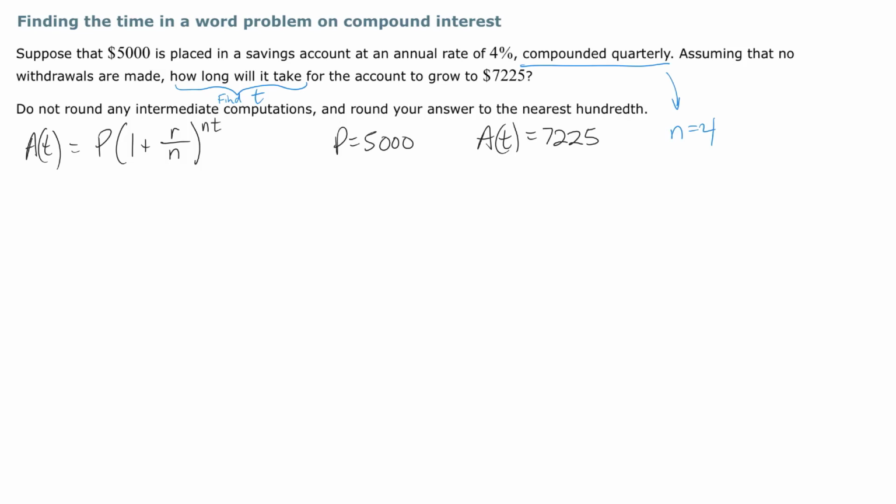All right. We could substitute everything. 7,225 is equal to 5,000 times 1 plus, I need r as a decimal. 4% as a decimal is 0.04, or 4 hundredths, divided by n, and we said n was 4. And then we need to raise this to 4 times t.